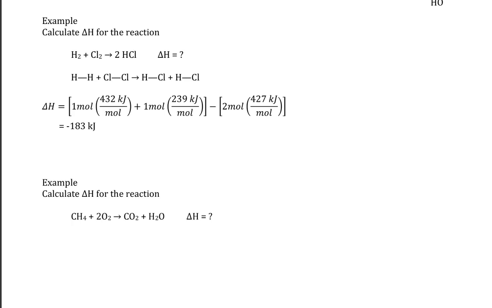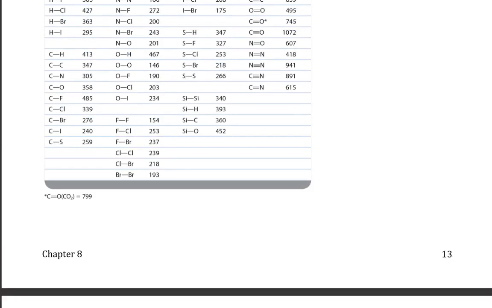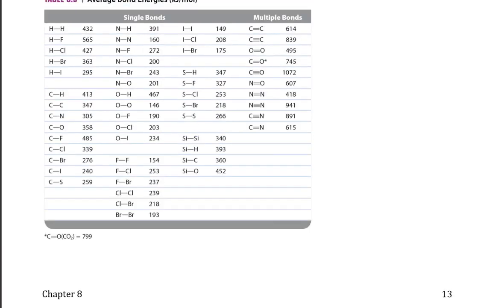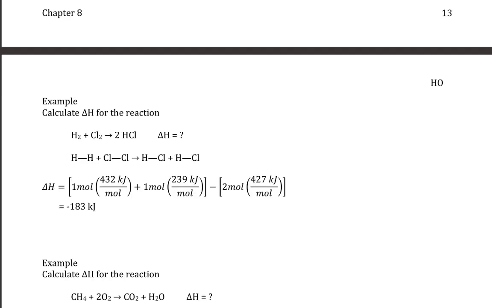So delta H is the number of moles of the H-H molecule, so there's 1 mole times its value. We look back at the table. Here is our table. There's H-H, 432 kilojoules per mole, plus the energy to break one Cl-Cl bond.